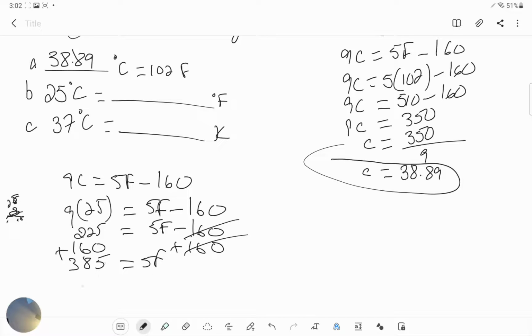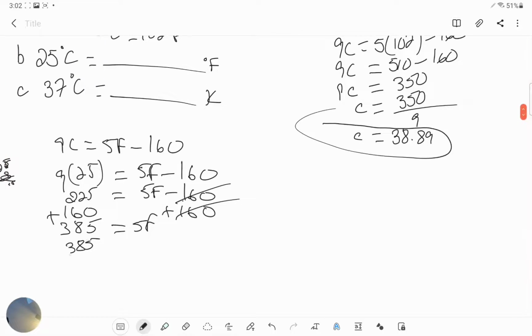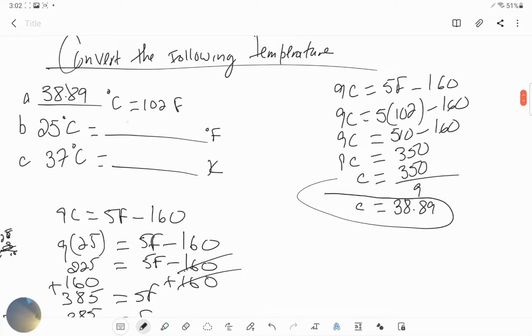To get F by itself, 385 divided by 5 will give you F. So the answer is 77.